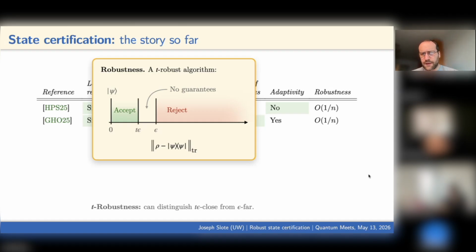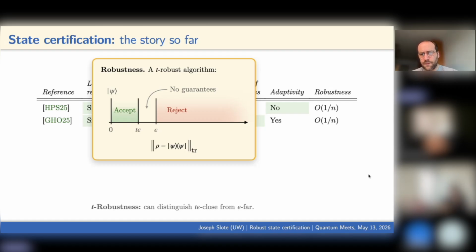In the language of this talk, we'll say a T-robust algorithm is one that can, with high confidence, determine the difference between being T times epsilon close and epsilon far. Epsilon can be chosen at runtime. T is usually a parameter of the algorithm design itself.